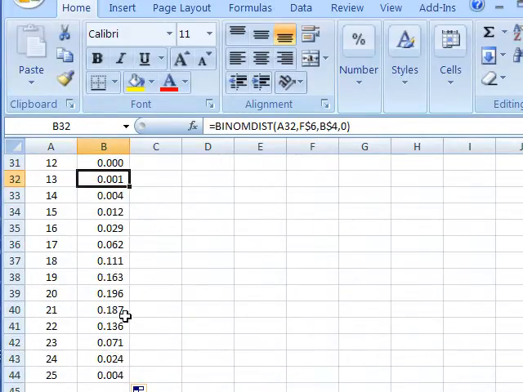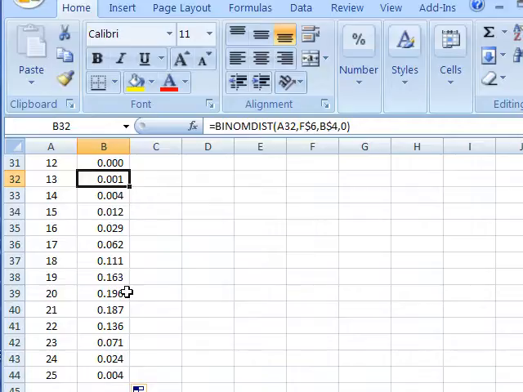The peak of the curve is around 20. The mean value, I guess we would guess, of the population who are dissatisfied is around 20. In fact, what's NP? 25 times 0.8, that's 20 exactly. So that's what we would expect.